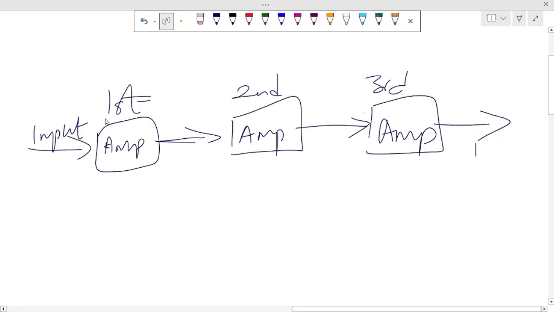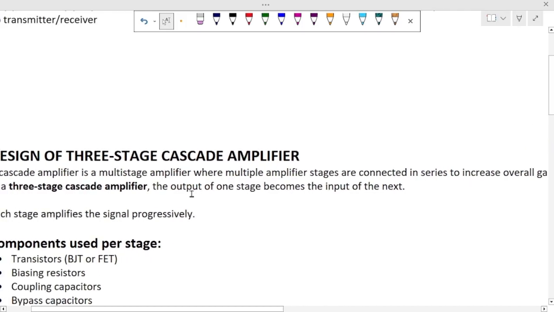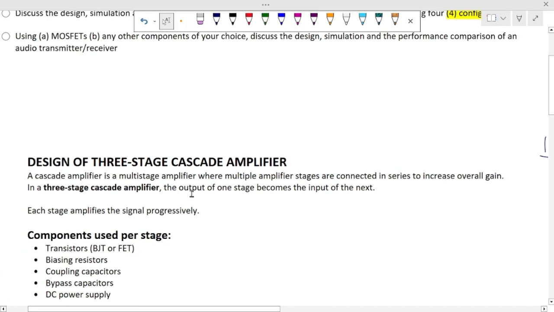The cascade means the output of one stage is the input of the next stage. This is the input now to it. However, this particular point is the output of the first, and that output of the first is the input of the second. Same thing happened here. Okay, so that's the picture of it.